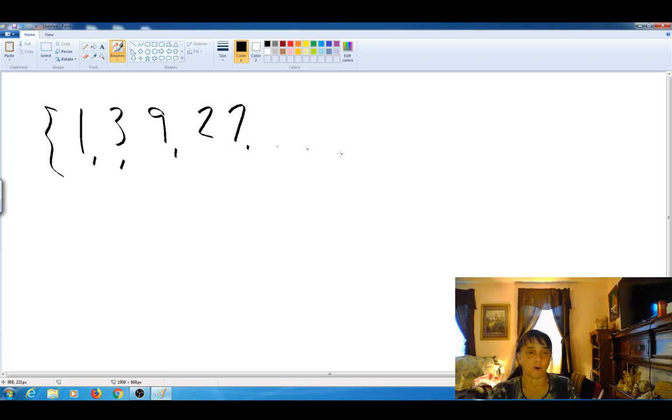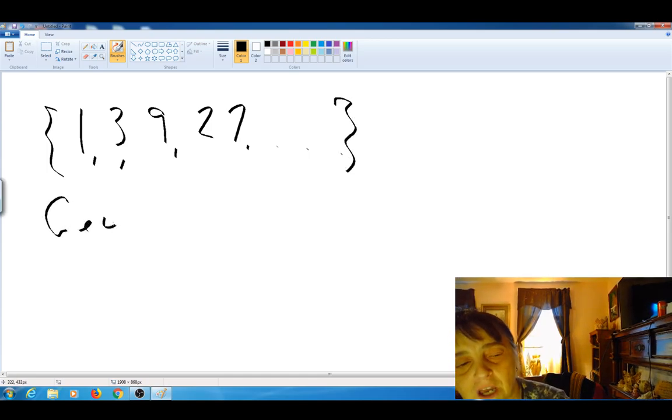You multiply every number by 3, right? 3 times 1 is 3, 3 times 3 is 9, 9 times 3 is 27, and then you can predict the next number. This is called a geometric sequence.